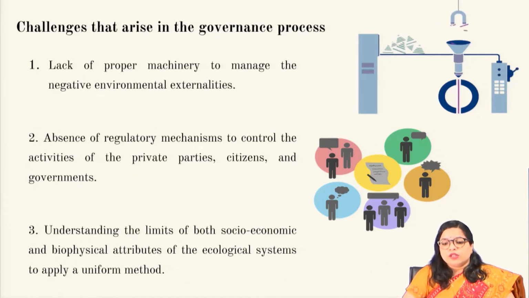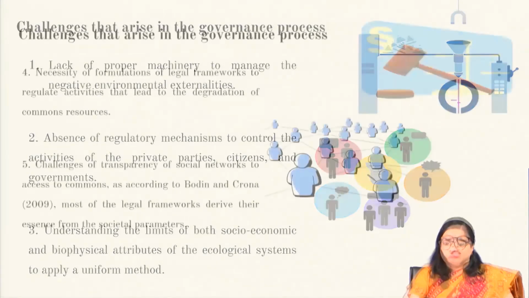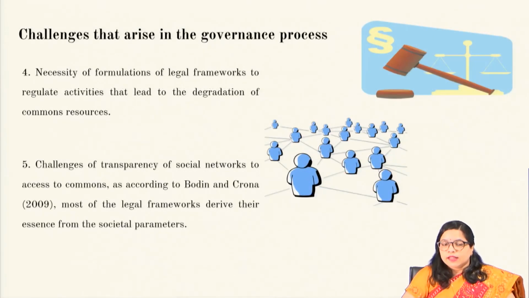There are challenges in understanding the limits of both socio-economic and the biophysical attributes of the ecological systems to apply a uniform method. There also lies the necessity of formulations of legal framework to regulate activities that lead to the degradation of the common resources.